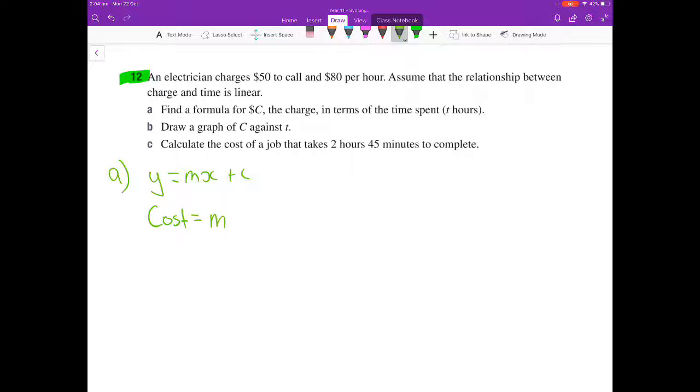So cost equals our gradient times T plus our y-intercept. Up here it does tell us that $50 was our y-intercept. And we're going to find, obviously, that our per hour 80 should end up as our gradient. So we should be going straight in where our m was. So we end up with cost C equals 80T plus 50.